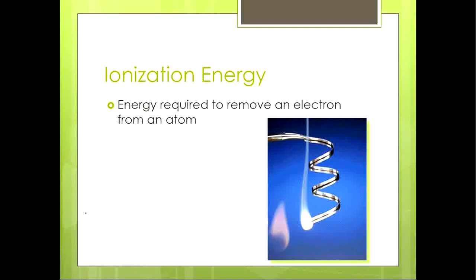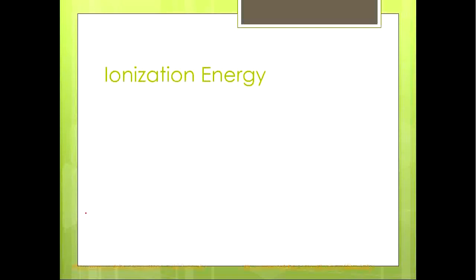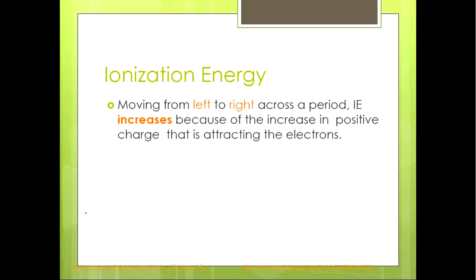Next, let's talk about ionization energy. Ionization energy is the energy required to remove an electron from an atom. So when we're talking about removing an electron, we're really talking about removing that valence electron. Moving left to right across a period, ionization energy increases because of the increase in positive charge that is attracting the electrons to the nucleus, right?